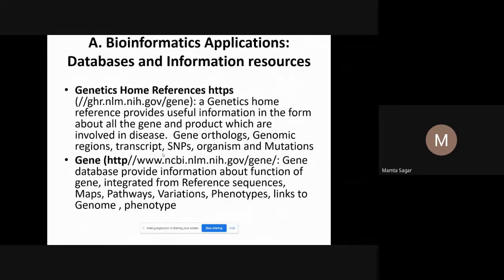In the above database, Genetics Home Reference, we have the textual information about biological processes and diseases. In Gene we have specific information related to the gene: location of the gene and pathways. You can also get information about the function of the gene, how the product of the gene plays a role in the pathways.